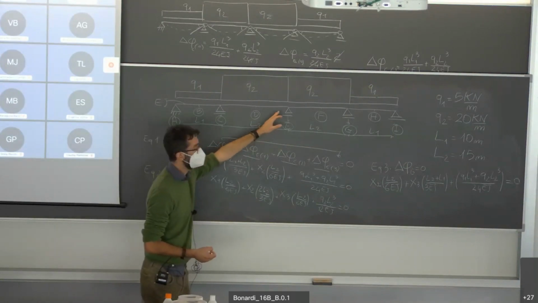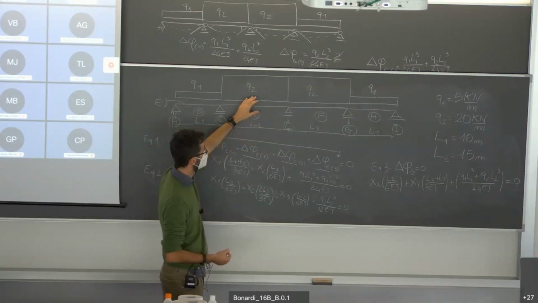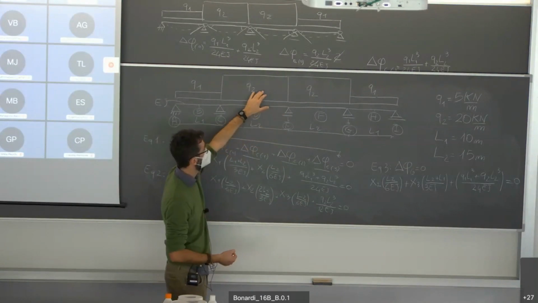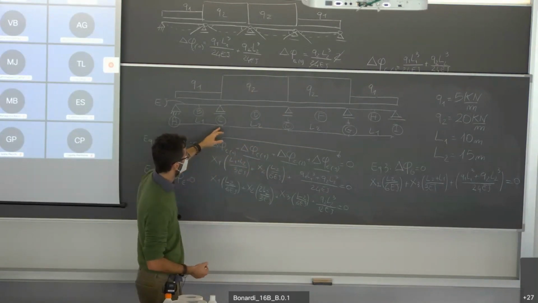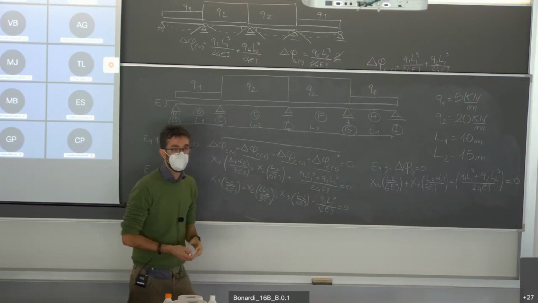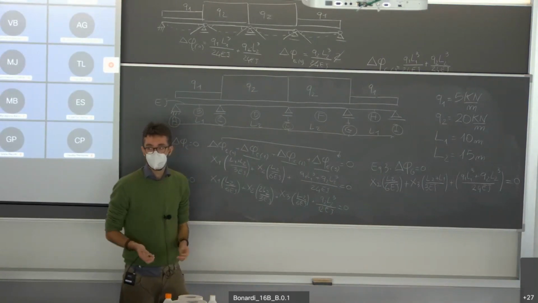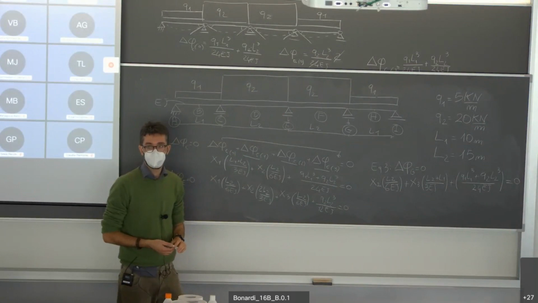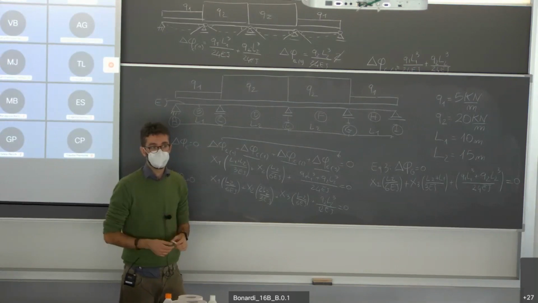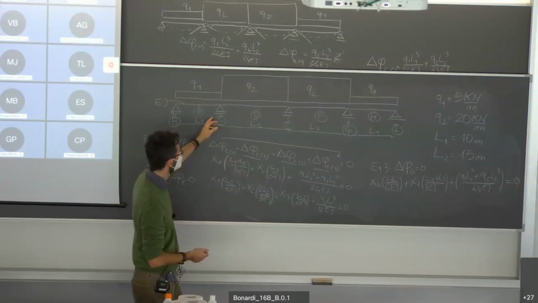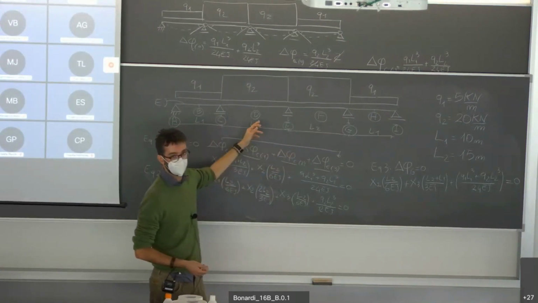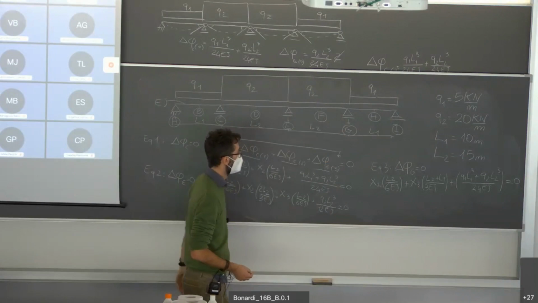So if the structure is symmetric, from a geometrical viewpoint and for the load, what do you expect about x1, x2, and x3? Or not all of them, but few of them. Come on, I know that you know. Perfect. Yeah, because there is no reason why they should be different. So x1 has to be equal to x3.